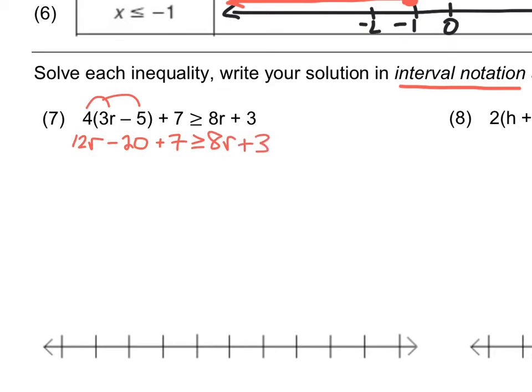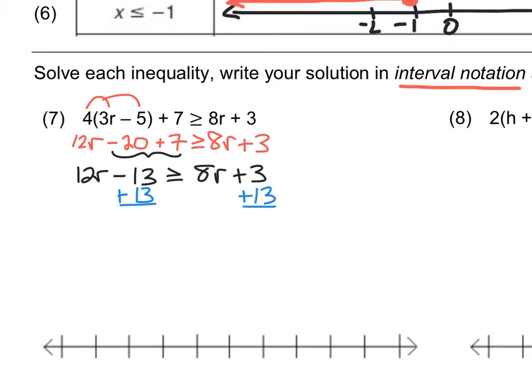All right, so distributive property. But now that we've distributed, we might as well combine like terms. So 12r minus 13 greater than or equal to 8r plus 3. Now what? Plus 13.